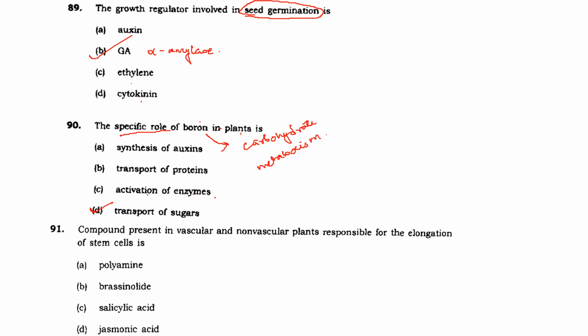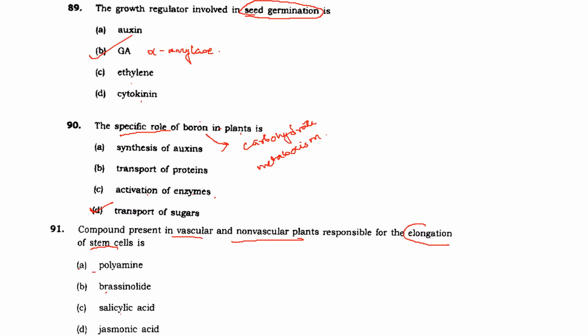Question number 91. Compound present in vascular and non-vascular plants which is responsible for the elongation of stem cells. Options are given: polyamine, brassinolide, salicylic acid, or jasmonic acid.